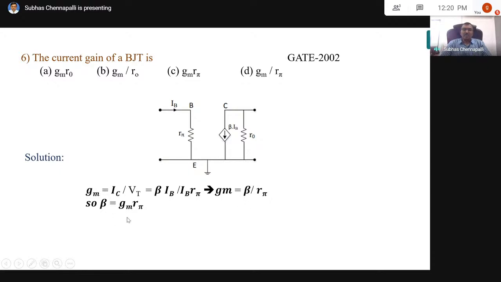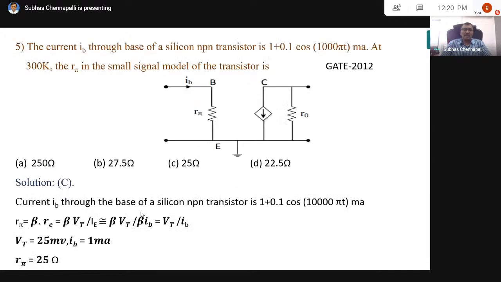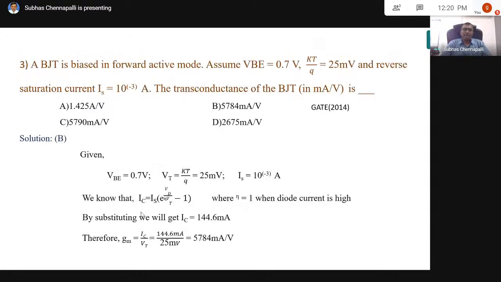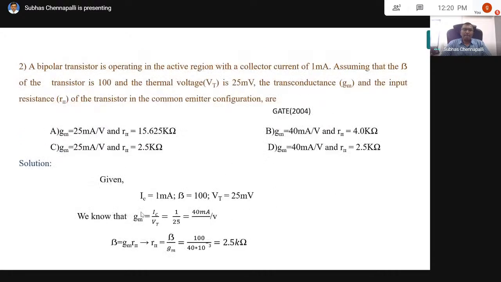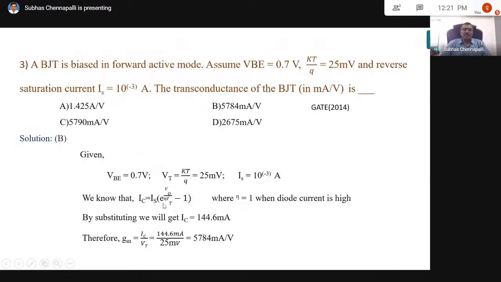So beta is equal to GM times R pi. This is the formula it is asking, but we should always remember beta is equal to GM R pi.